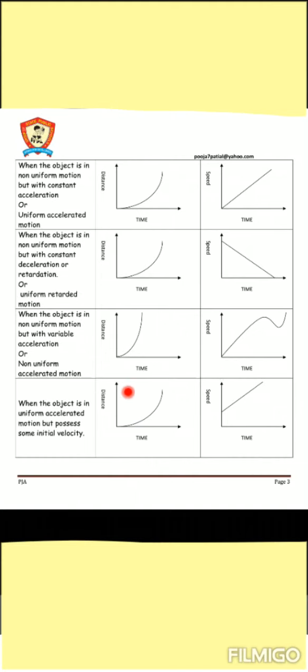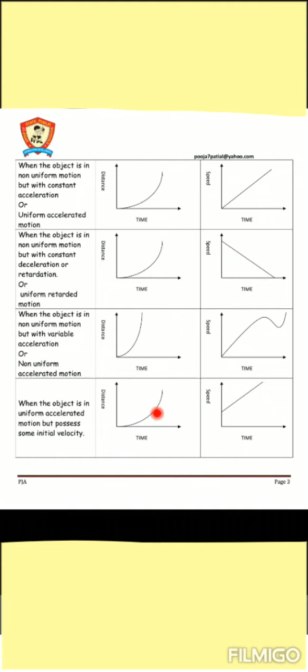So the last graph is basically when the object is in uniform accelerated motion, means speed changes by equal amount, but even at time t equals 0, आपका object rest पे नहीं था, उसने कुछ distance पहले ही travel किया हुआ था. So that is why at time t equals 0, you can say it has already traveled some distance.